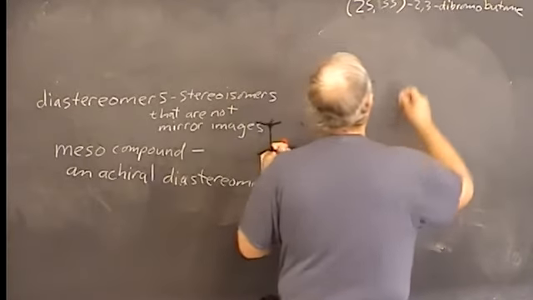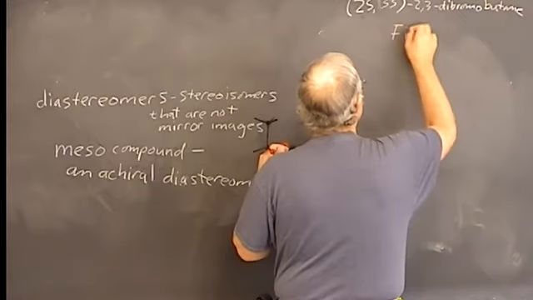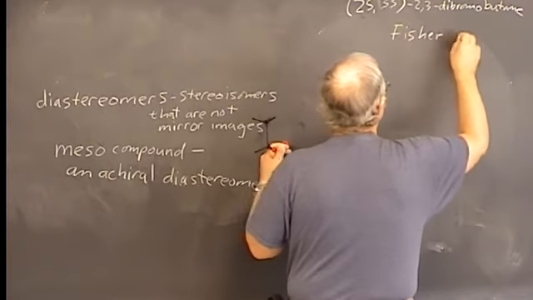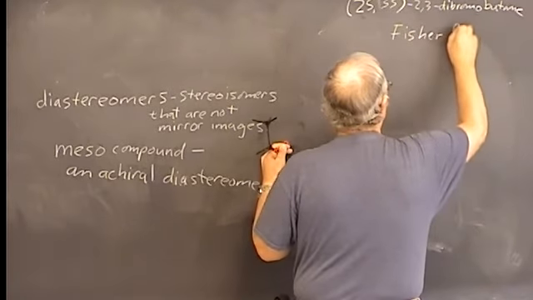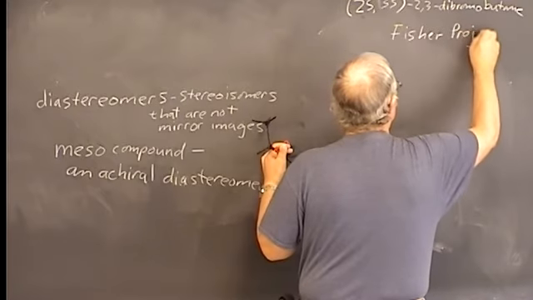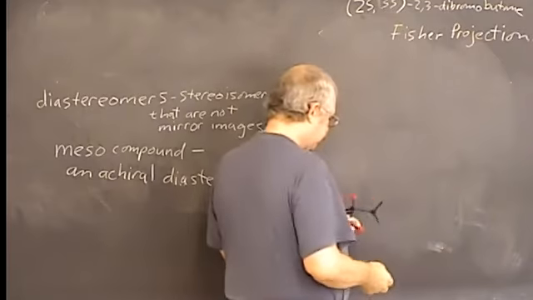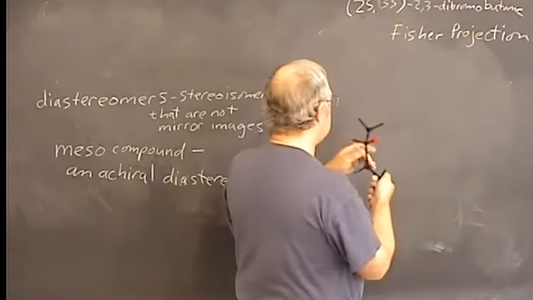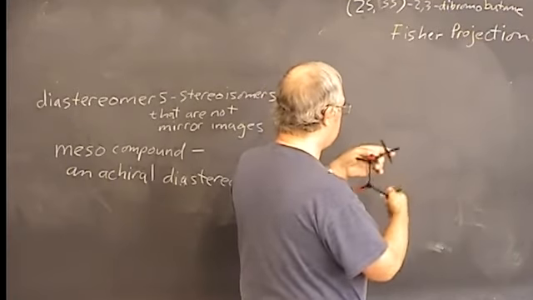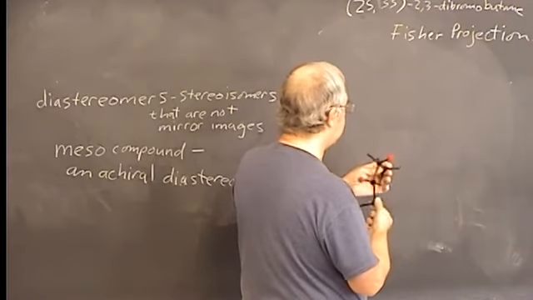And for a Fisher projection, what we do is we line up the carbon skeleton vertically.